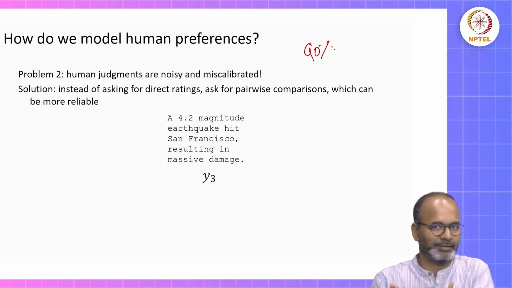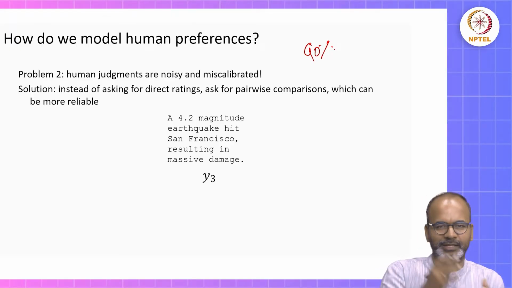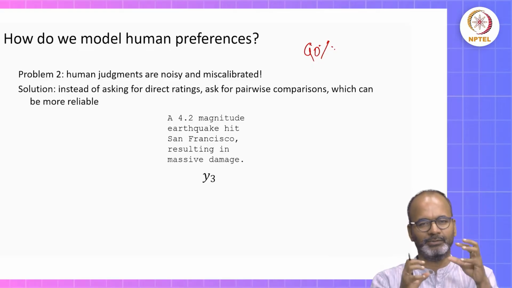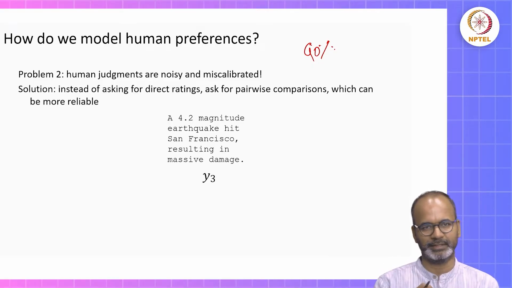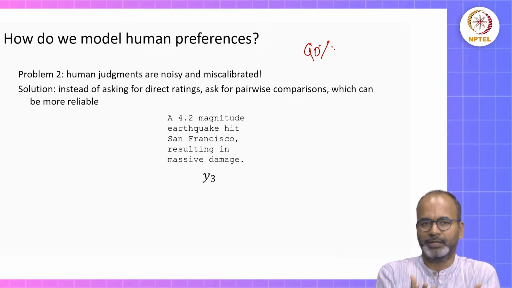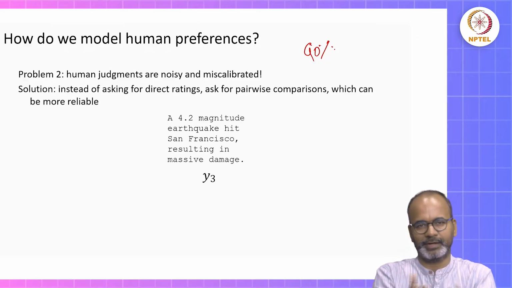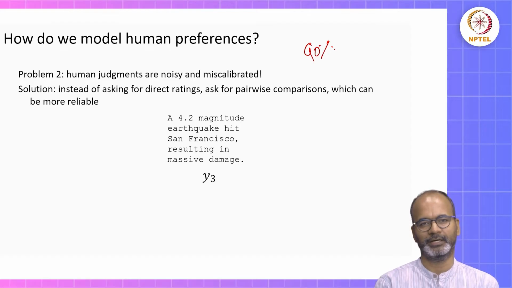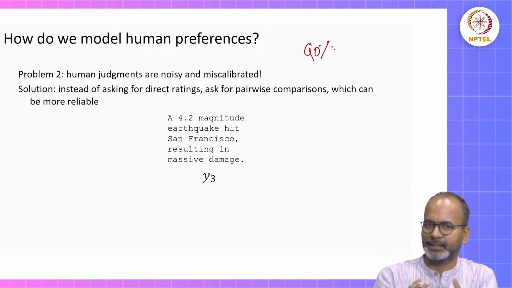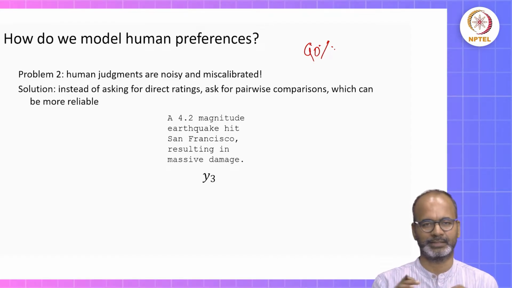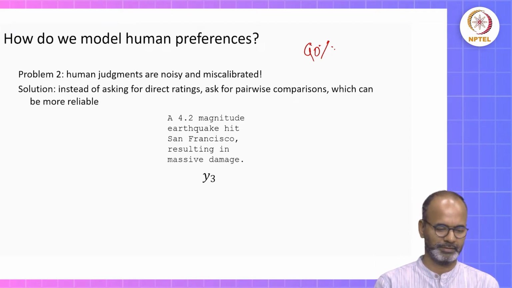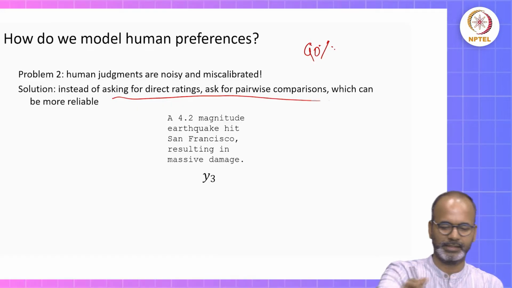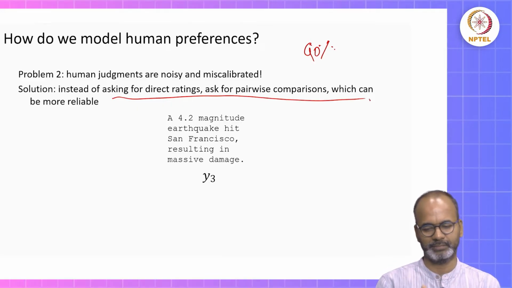Some faculty are very strict, some faculty are more lenient. So therefore, this evaluation becomes slightly difficult. But if you put two projects together and ask which project is better, which project would you give more marks, then things get slightly simpler. That's the intuition here that we will use. Instead of asking for direct ratings, ask for pairwise comparisons, which can be more reliable.